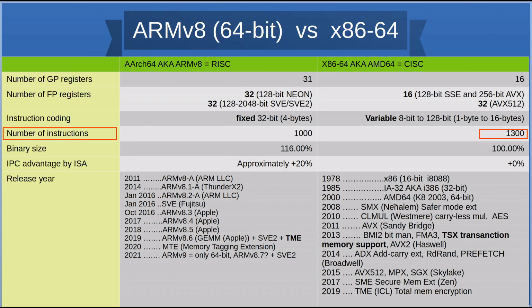And speaking about the very useful instructions, you can see here 2013, which introduced the TSX, the transactional memory extension. And these are actually special instructions. They help to speed up multi-threaded programs a lot.